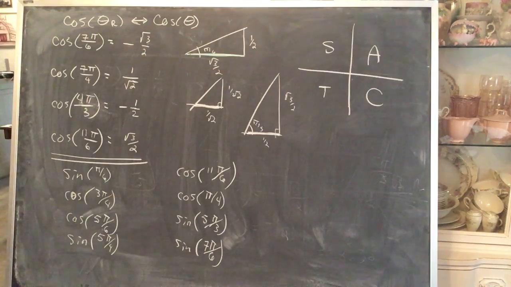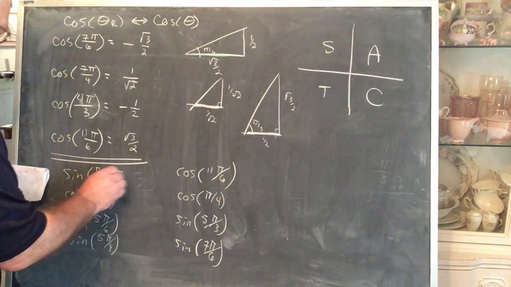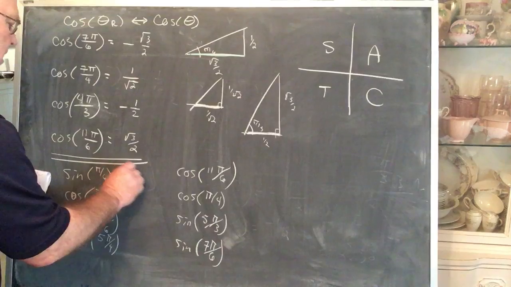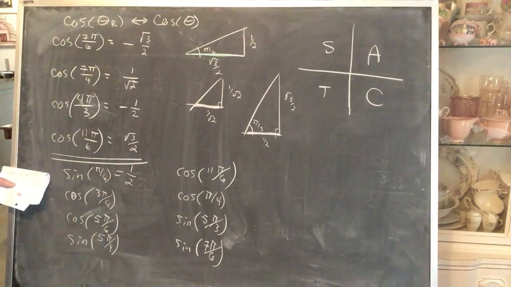What you can do now is pause the video, see if you can work these out, and then when you finish, you can turn the video back on and we'll have the values here. So if you're back now from working on those, these are the values we should have. Sine of pi over 6 is 1/2.